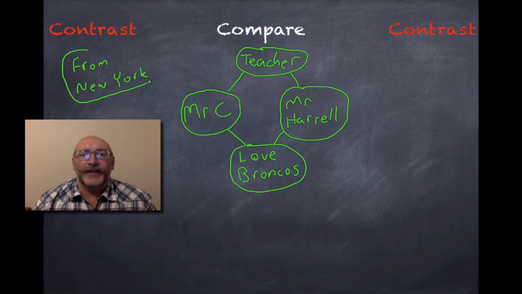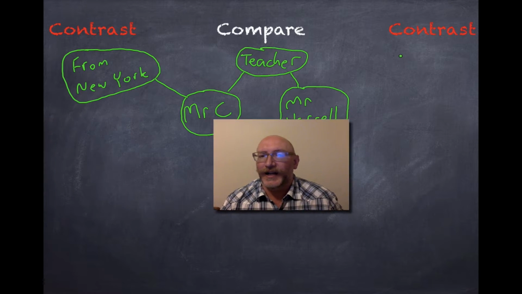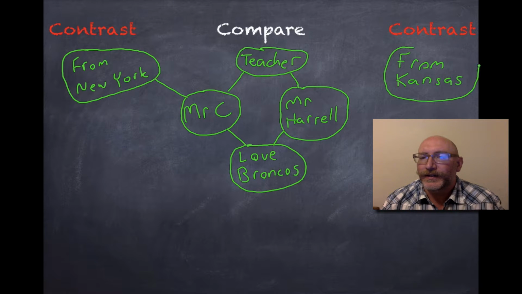Try to very neatly write it and make a bubble around it. That connects to Mr. C. It does not connect to me because I'm not from New York. I am from Kansas. I lived there before I moved to Colorado. So I write from Kansas, put a bubble around it, and connect that to me.